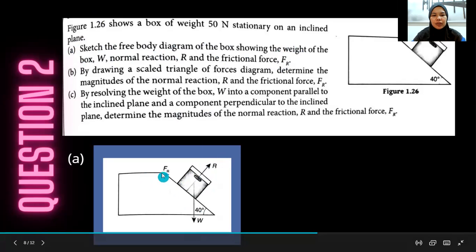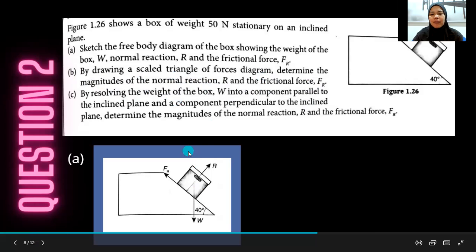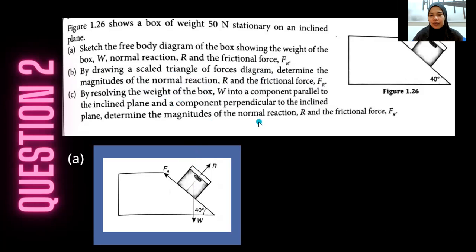1, 2, 3. Question number 1 done. By drawing a scale triangle of force, determine, you need to draw the scale triangle. For a scale triangle, you need to know that the length of the line will represent the magnitude of forces.